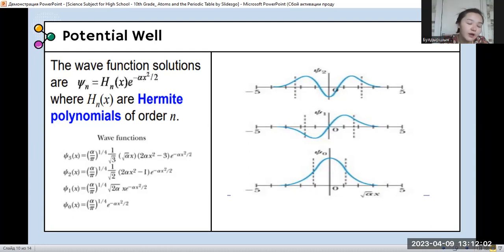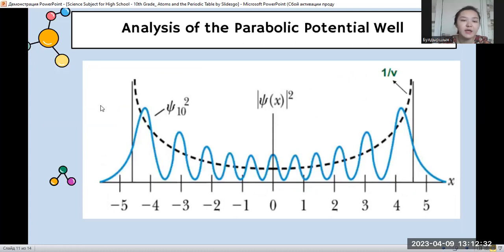For example, psi 3 of x equals a divided by the square root of pi, times 1 divided by 2, 1 divided by 3, a x times a x squared minus 3. In the picture, we see psi 2, psi 1, and psi 0 as the other functions.